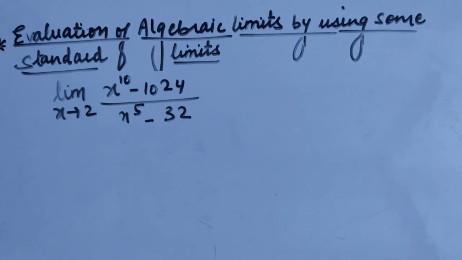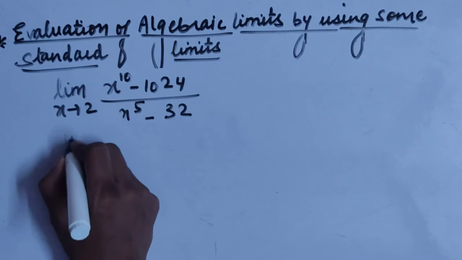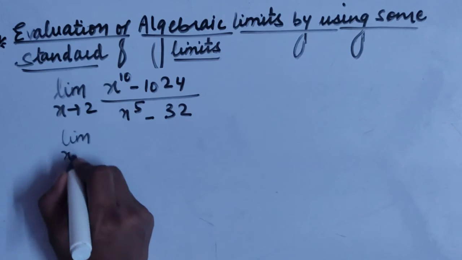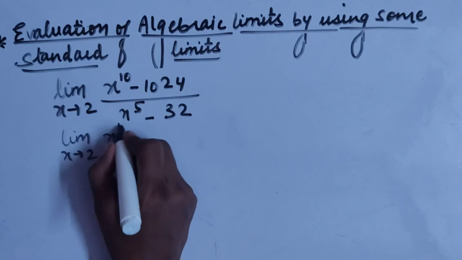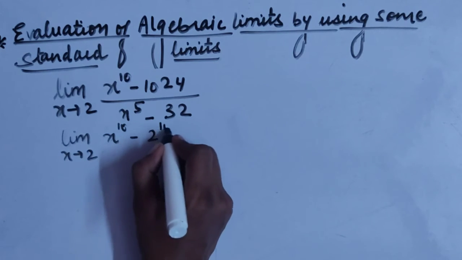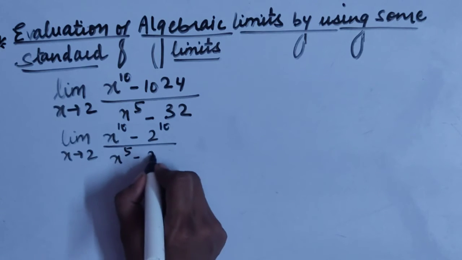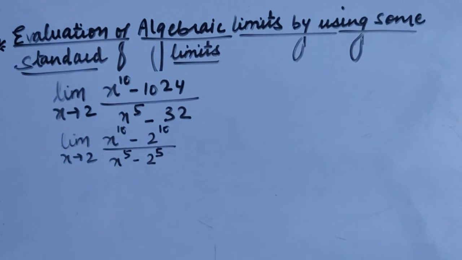Now see students, if this is the question, then the problem is how we'll do it. See here. First of all, can I write over here limit x tends to 2, x^10 minus 2^10 upon x^5 minus 2^5? Yes, obviously I can write it. If I am using that standard limit over here, what does that formula say to you?